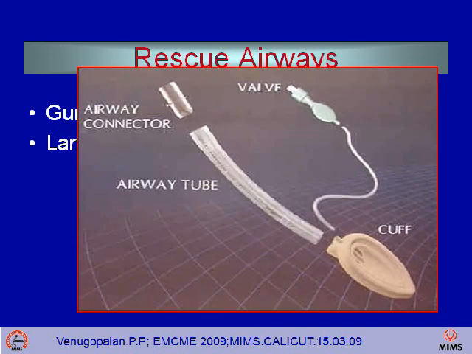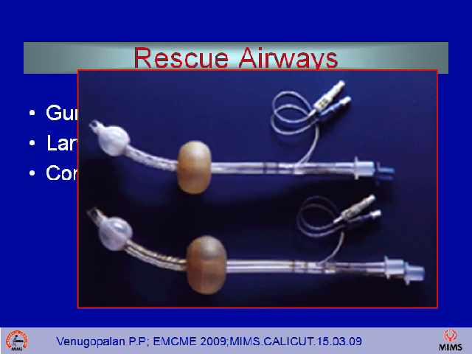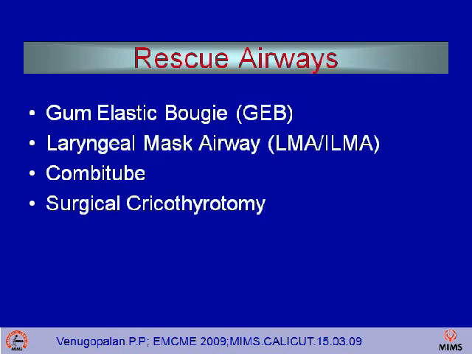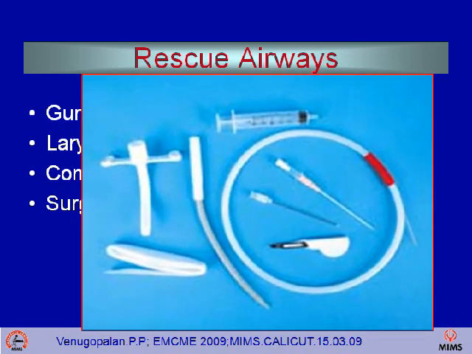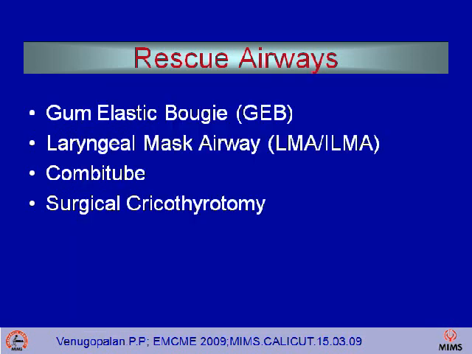This is the picture of an LMA. This is a combitube. The LMA and the combitube are devices which can be used in a patient without the use of a laryngoscope. Another option is a surgical cricothyroidotomy, and this picture shows the surgical procedure.